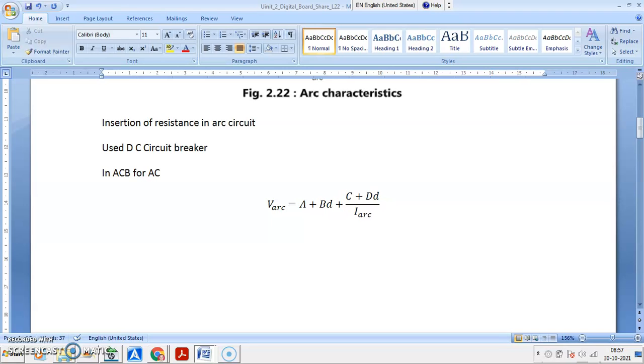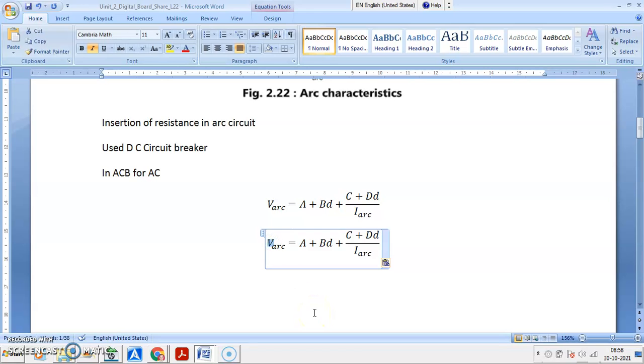And what is R arc? Not I arc, R arc, that is arc resistance.